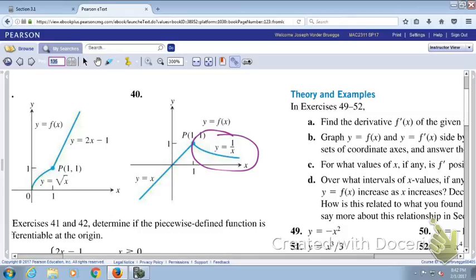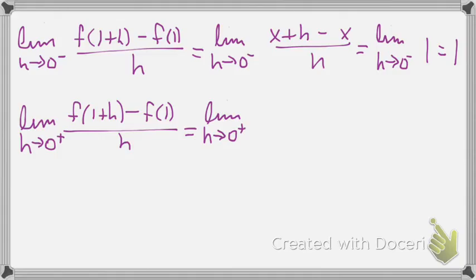So what is f of 1 plus h? Technically, these x's up here were 1s. Doesn't matter, it still worked out the same. So 1 over 1 plus h, and then f of 1 is 1 over 1, all over h.